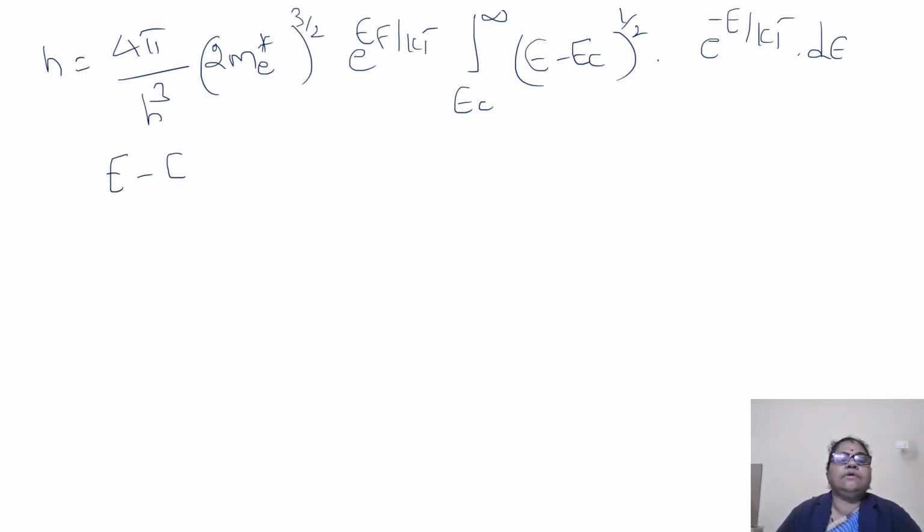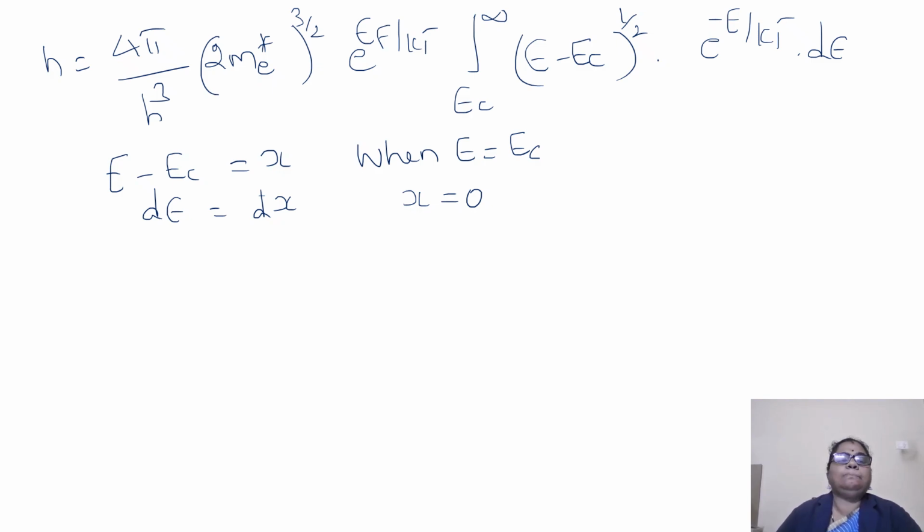we can take E minus Ec as x. So dE is equal to dx. We need to substitute the limits. When E is equal to Ec, x is equal to 0.